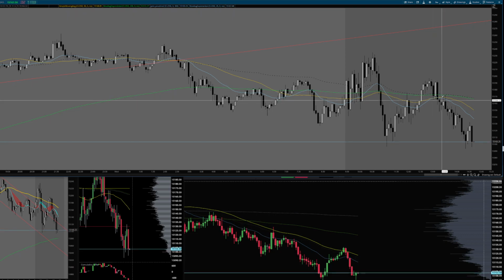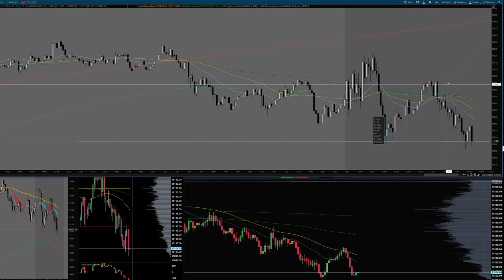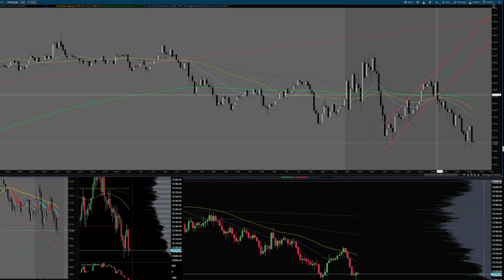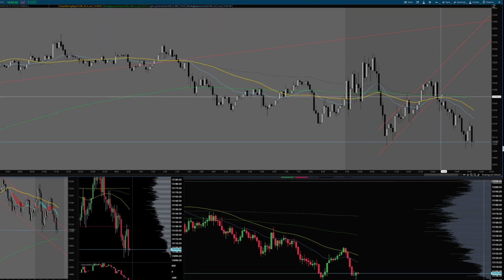And that 50 line is perfectly good with that channel also. So if you had that channel line there on the 5 minute, see, that is nice. It broke that VWAP, broke that 25, broke that 50, the 25 went under the 50 line, and everything is in your favor for the down move, right?